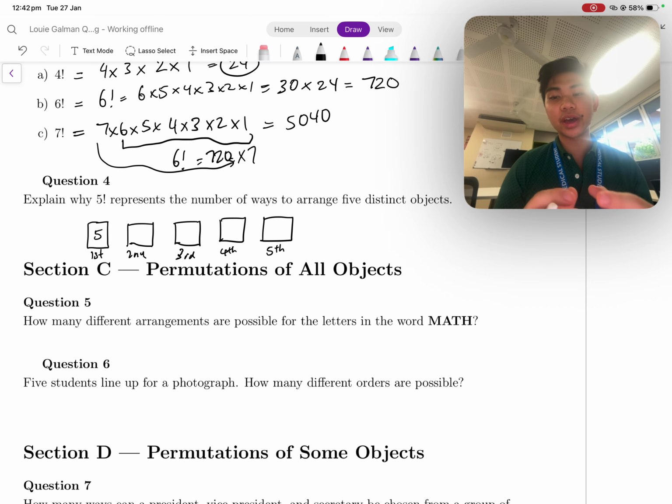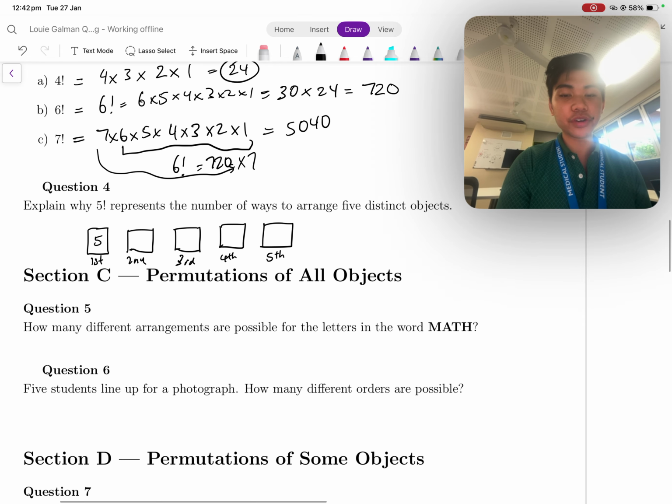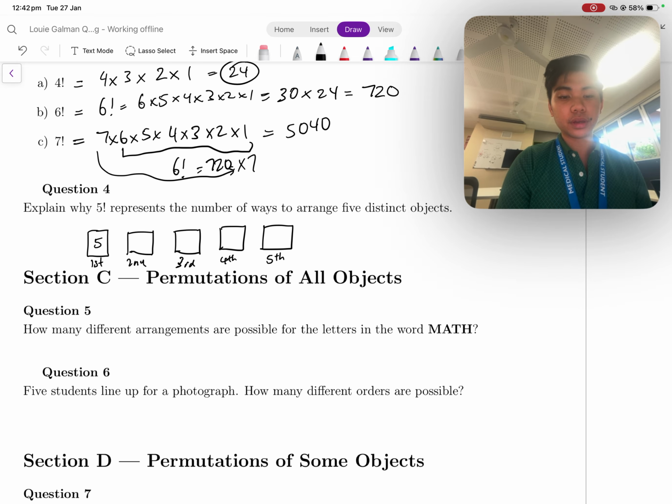However, in the second box, once I've put 1 in the first box, how many objects do I have left over?